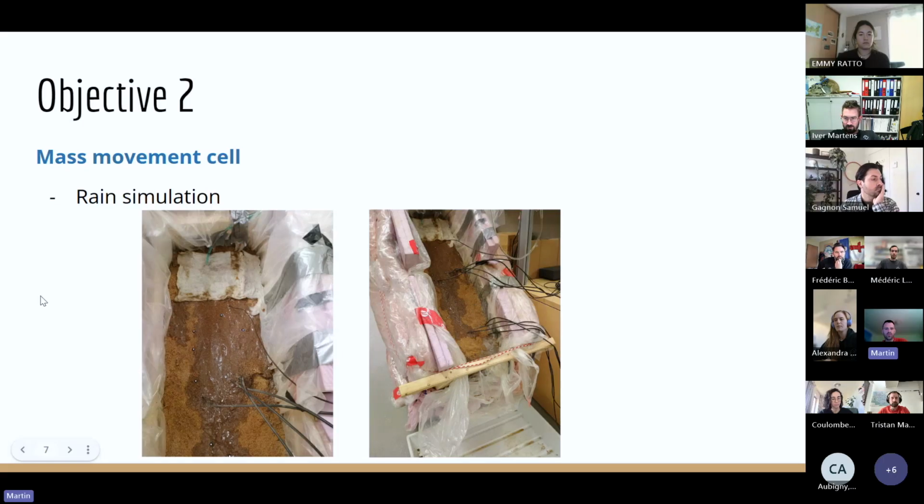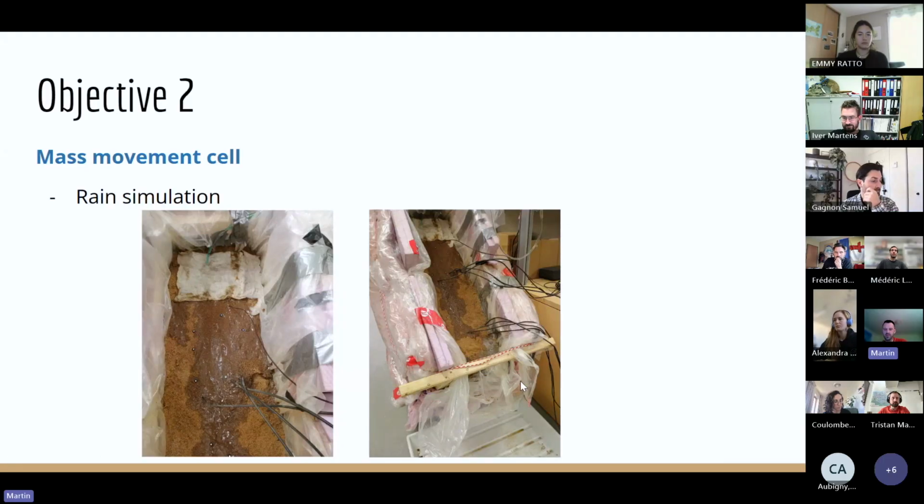The most important part of the whole process was a simulation of the rain. We were pouring water on the surface and observing how the water changes the compactness of the permafrost, and whether some potential slides could be observed.